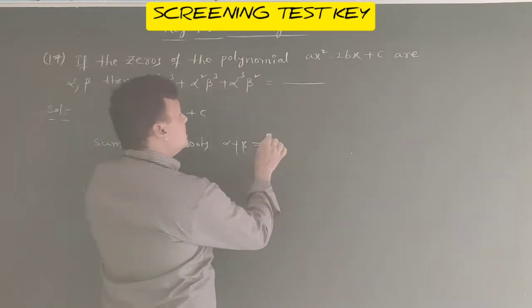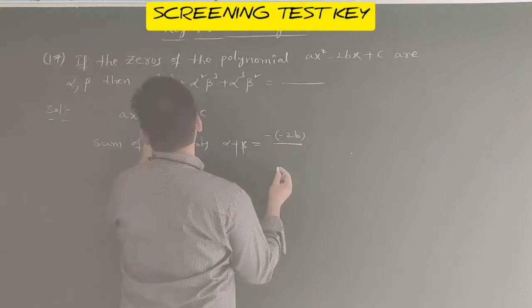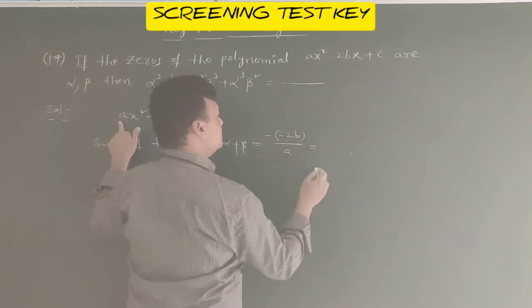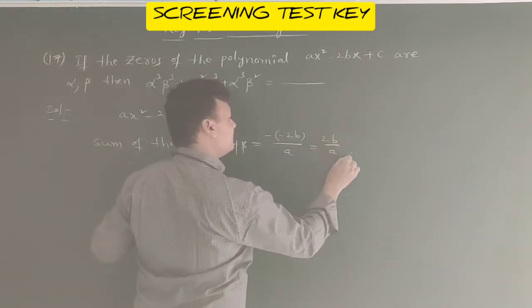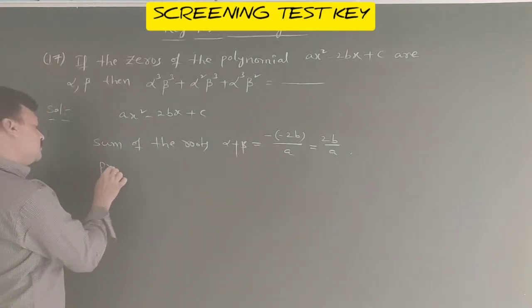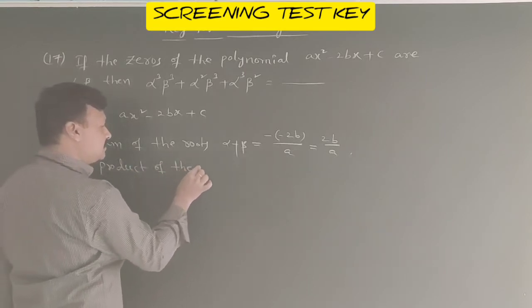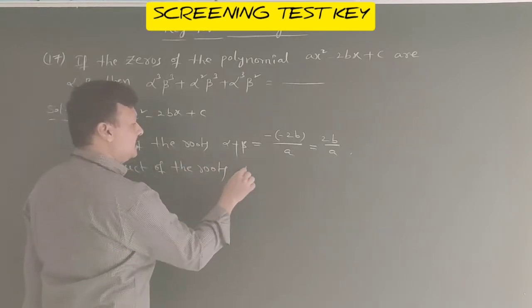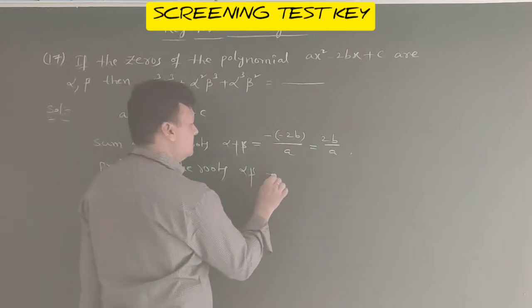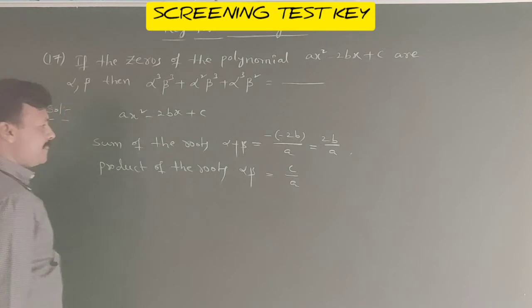Here minus of minus 2b by a, means 2b by a is the sum. Next, product of the roots. Alpha beta equal to c by a, as it is, c by a.